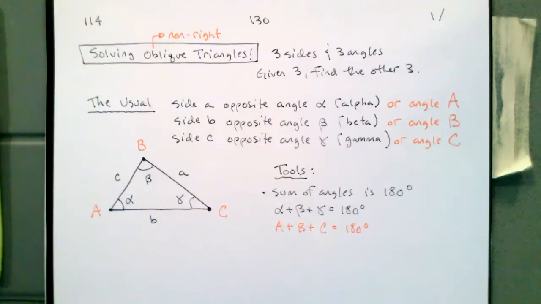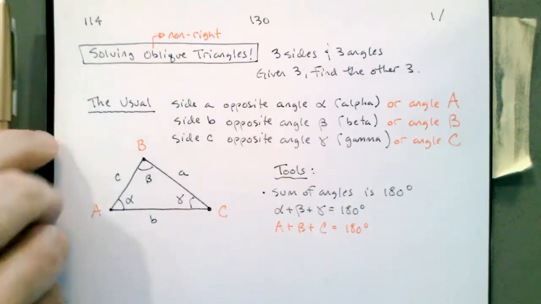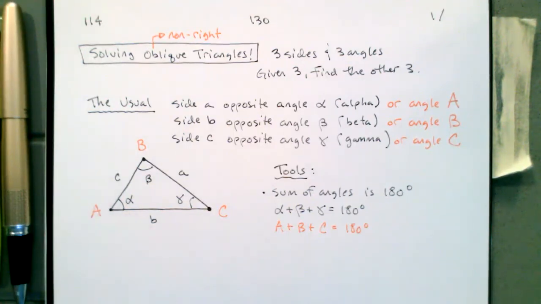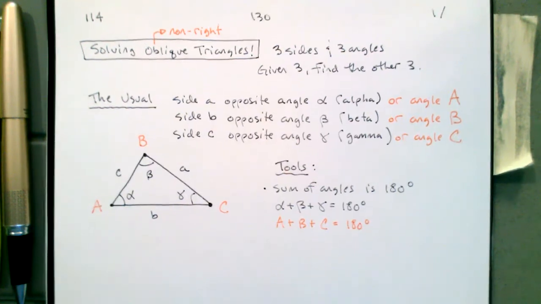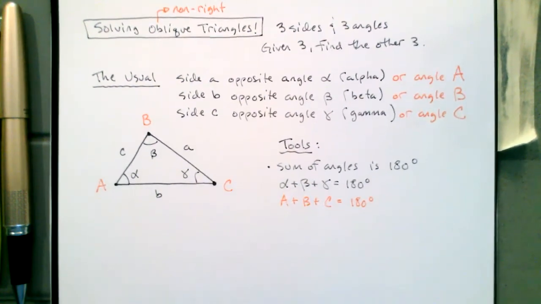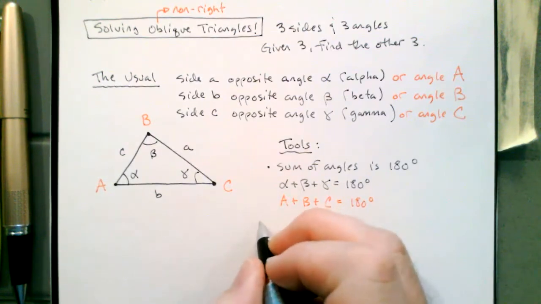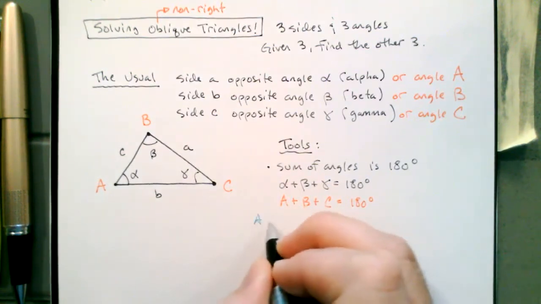So the protocol that we had before, where as soon as we have 2 angles, we subtract to find the third, that's still in play. As soon as you have 2 angles, subtract to find the third. That is still a thing that we're going to do. That's still part of our strategy.